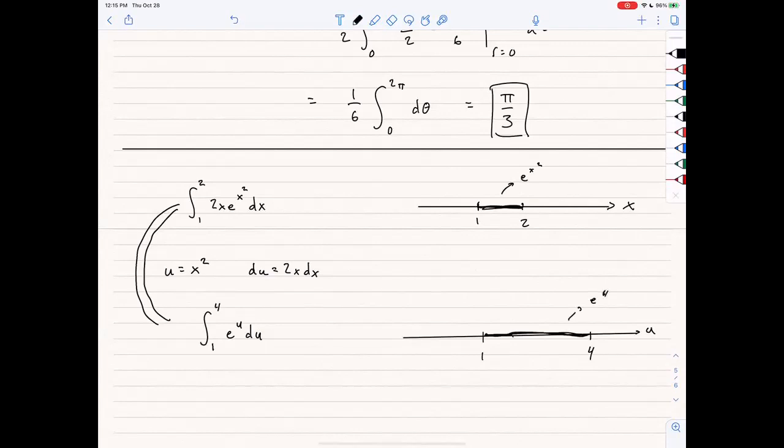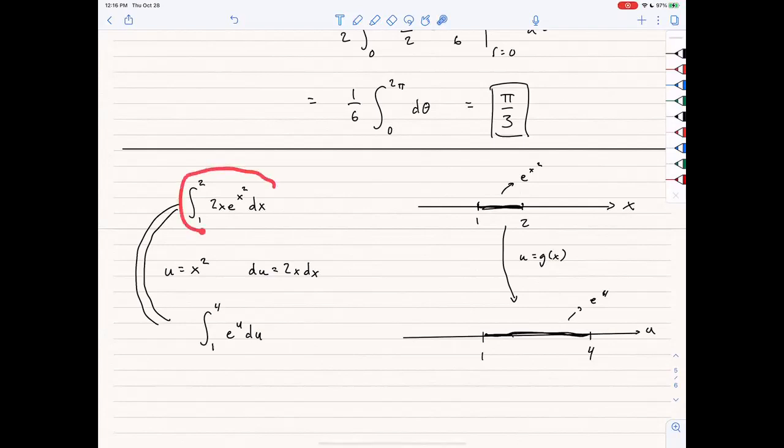I want you to think of this function here, which sends x to u. So this is u equals g of x. And the question is, if we reverse this process.